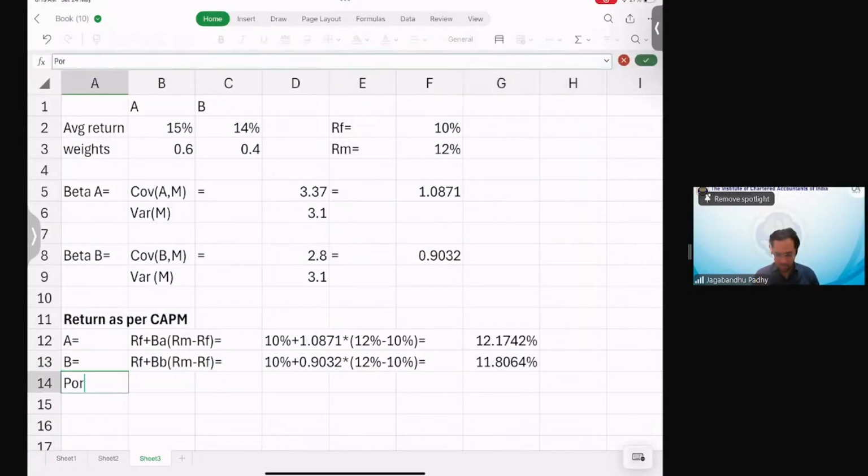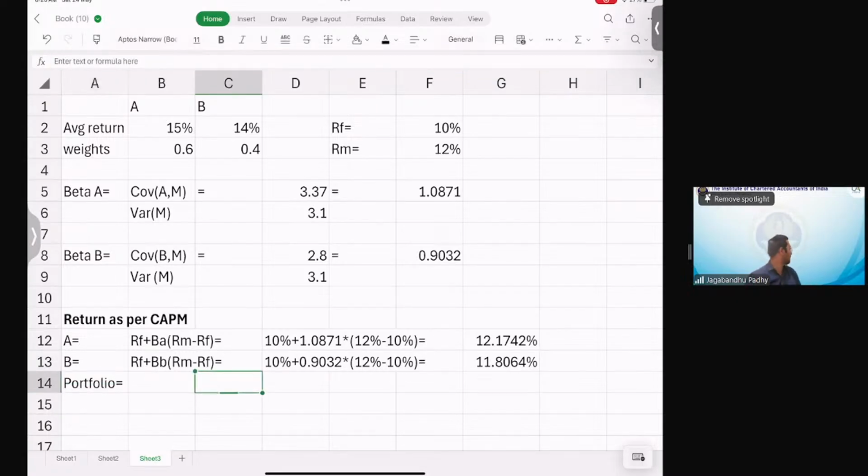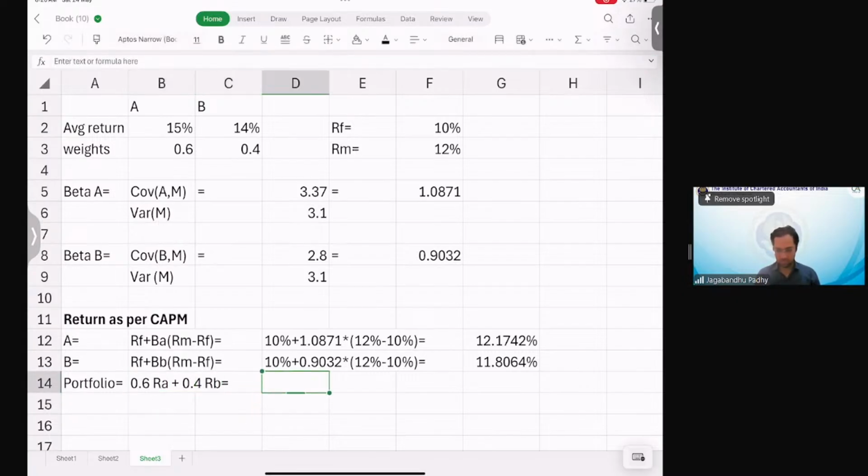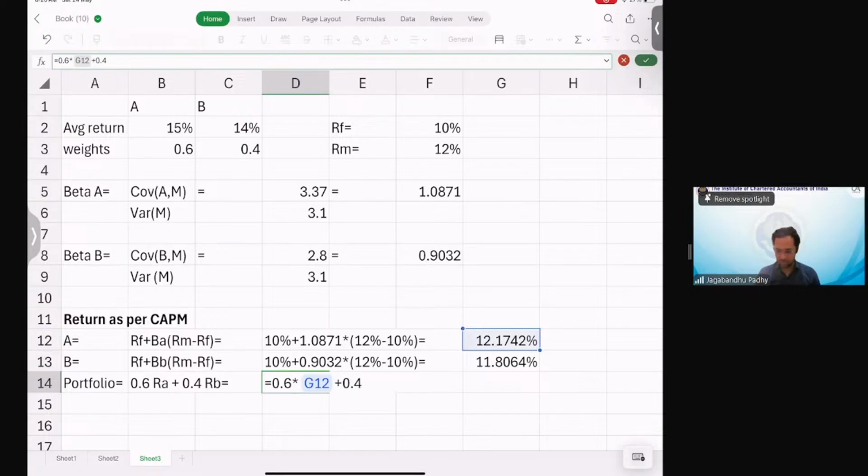Now, if I want the return for the portfolio, how much is this going to be computed? Return of portfolio will be 0.6 into return of A plus 0.4 into return of B. That will be 0.6 into this plus 0.4 into this.